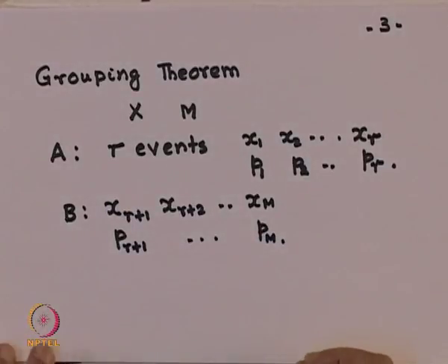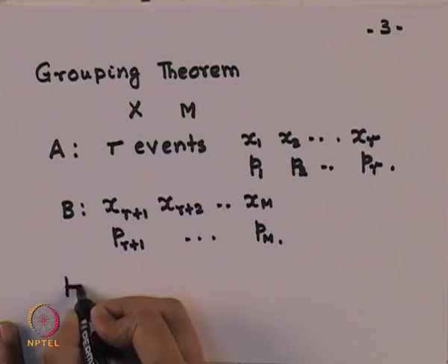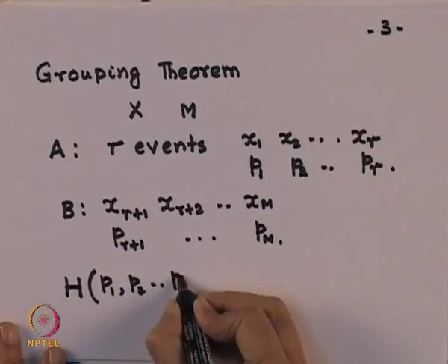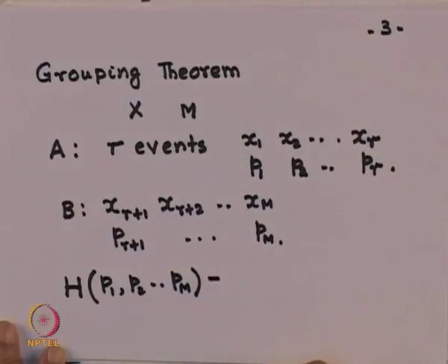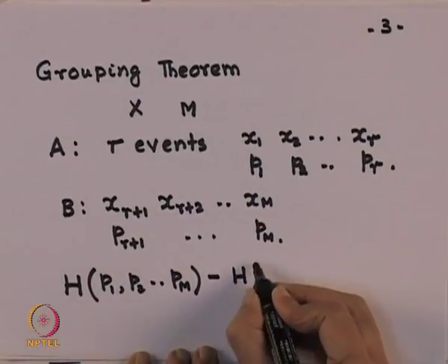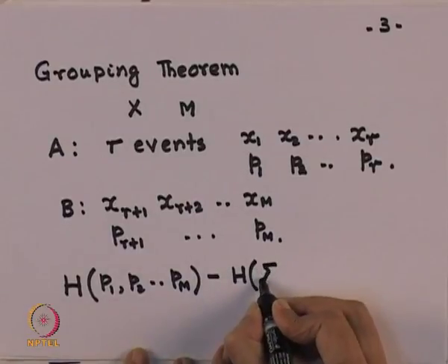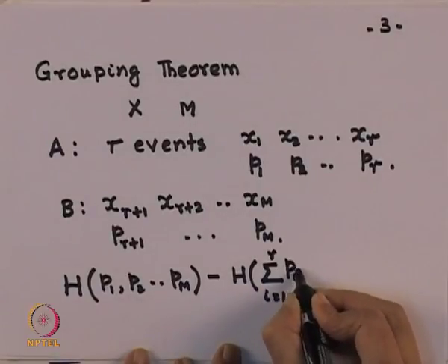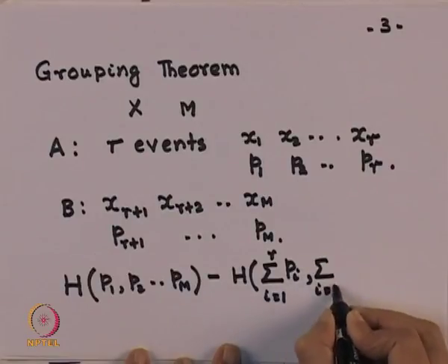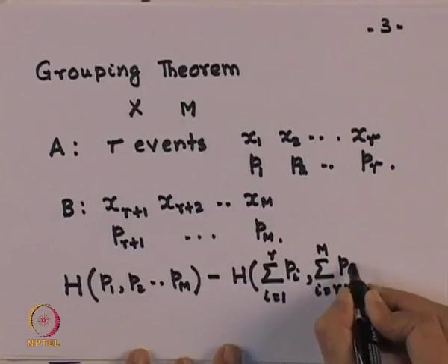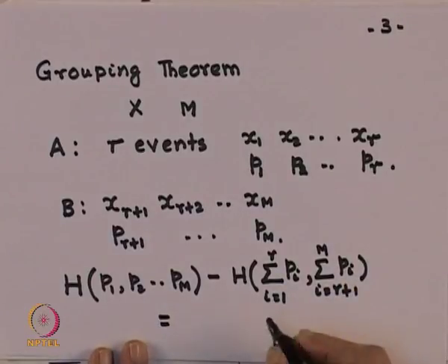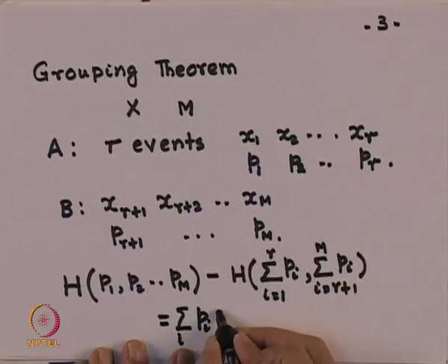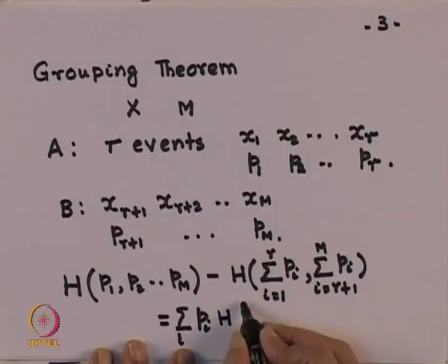Now what the grouping theorem does is to say that this uncertainty, which is given by H of p1, p2 up to pn, is equal to H as a function of the first group probability, which means the sum over i equal to 1 to r of pi, and the second group probability, the sum over i equal to r plus 1 to n of pi, plus the sum over i of pi times the H associated with these events. Now notice what this is.